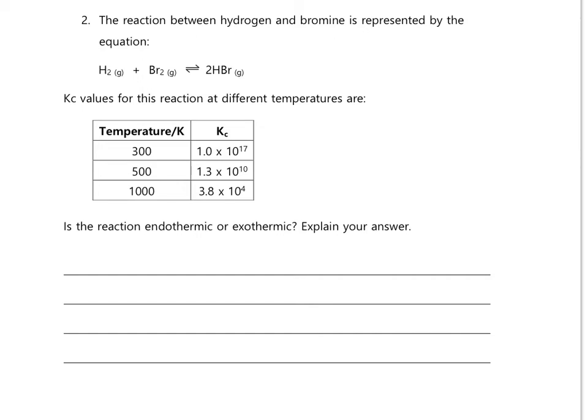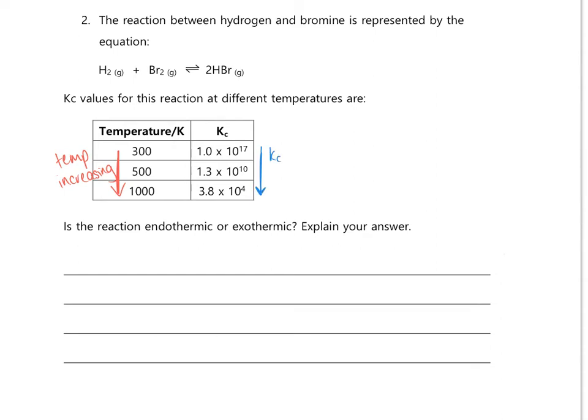So let's have a look at what's happening here. You can see that my temperature is in Kelvin, and as we go down the table, temperature is increasing. But what's happening to my value of Kc? Well, we can see that Kc is going from 1 times 10 to the 17 to 1 times 10 to the 4.